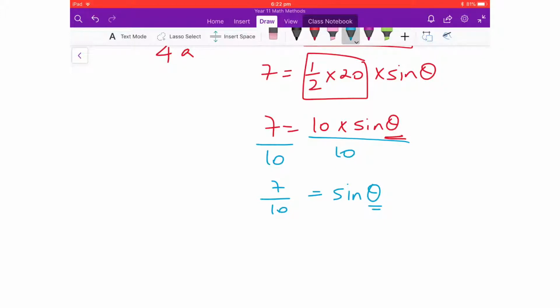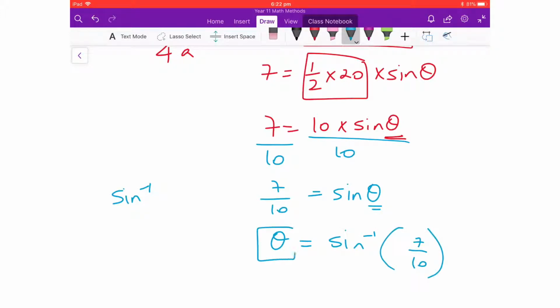Opposite of tangent is inverse tan. That's symbolized as this -1 here. On your calculator, usually it's shift and then the sine, cosine or tan button. So I'm going to do the inverse here. Theta is equal to sine -1 of 7 over 10.